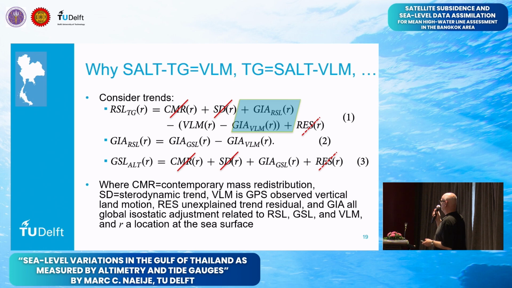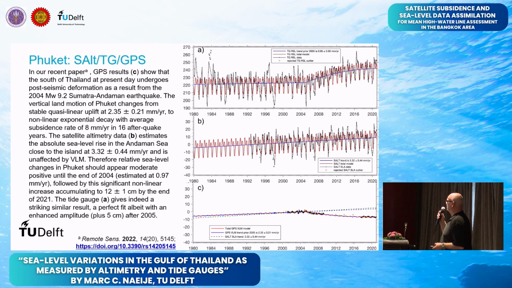But for now we just take it as the same. And then we have the combined definition for the GIA, and basically that also falls out. So then indeed we can have SLA minus TG is VLM, and we don't have to apply any GIA, because that also falls out.